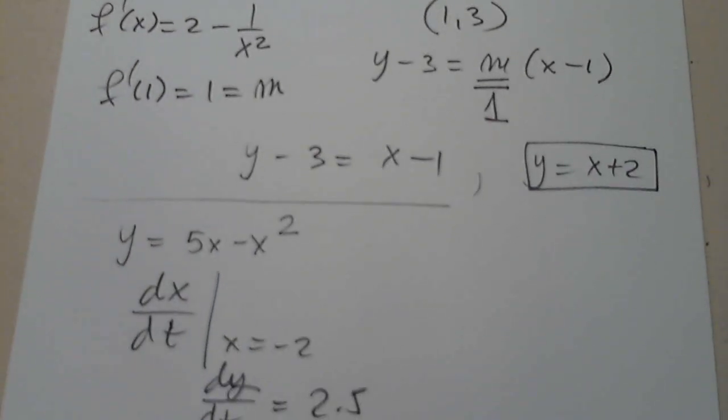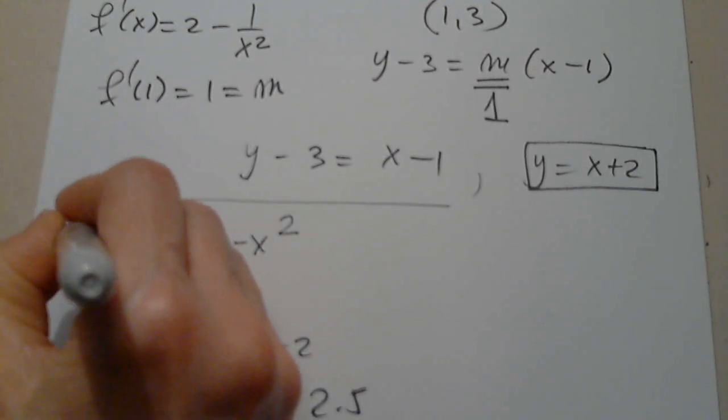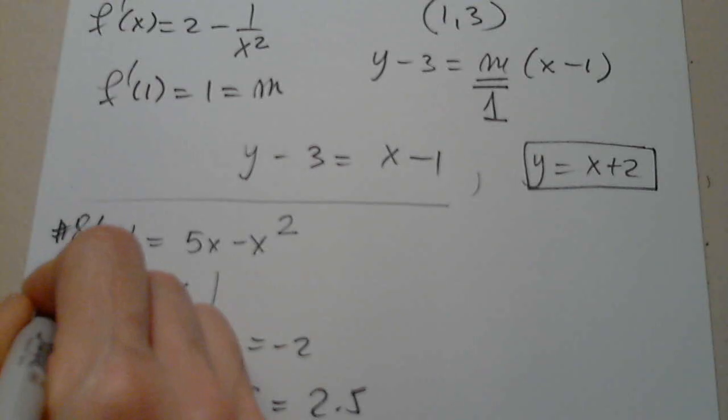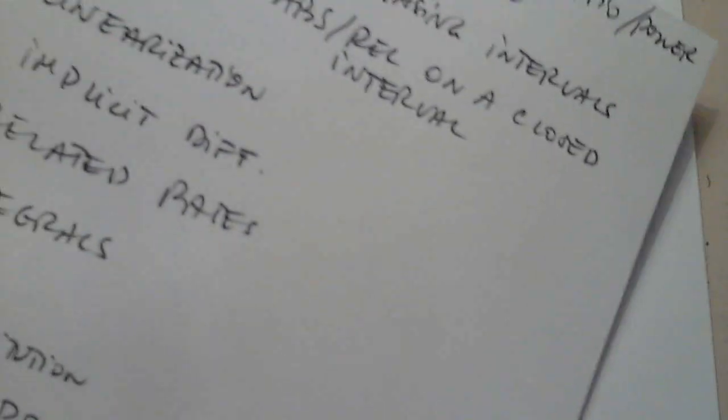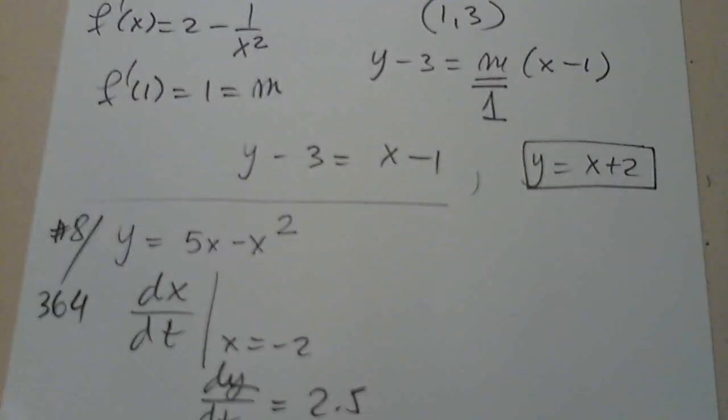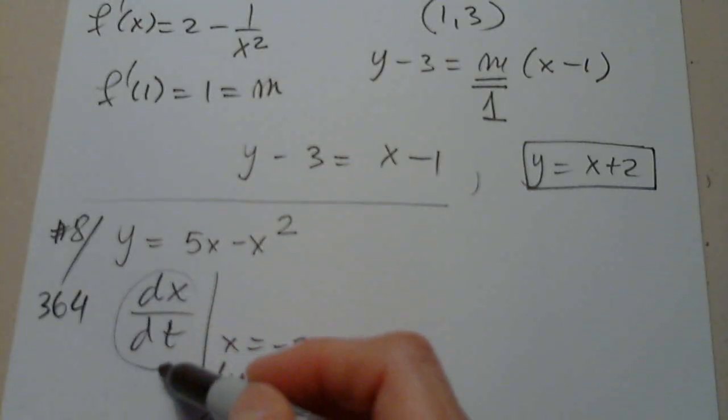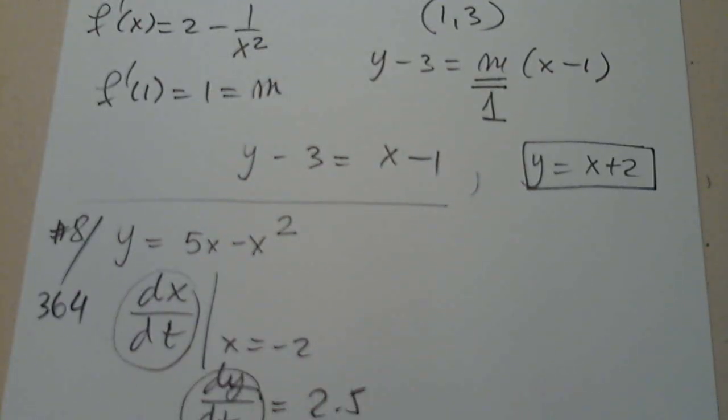So I picked problem 8 on page 364. Good, so that's related rates. Obviously, this is a clear indication that x and y are functions of a third variable t, time or something else.